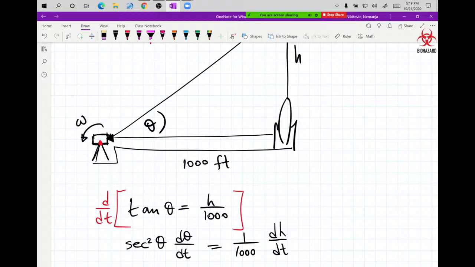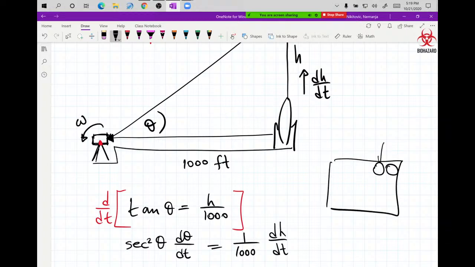The speed of the rocket? Speed of the rocket. How fast is height changing in time? You're going to cover miles in an hour. So miles per hour is the speed. So dh dt. Now, those of you who did watch the SpaceX launch, they put two dials over here. One is for altitude, one is for speed. We'll come back to that later.